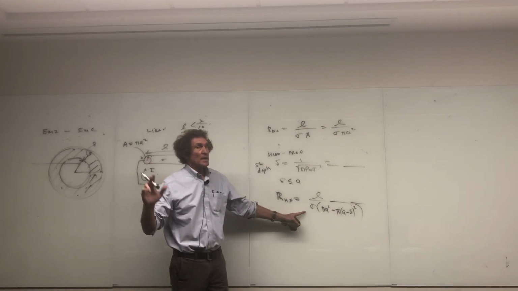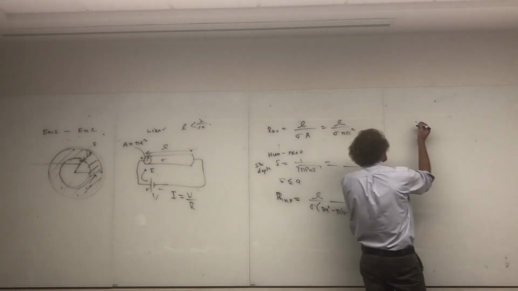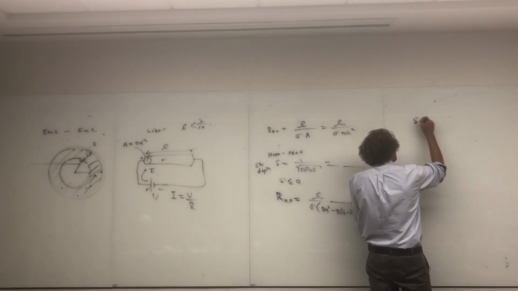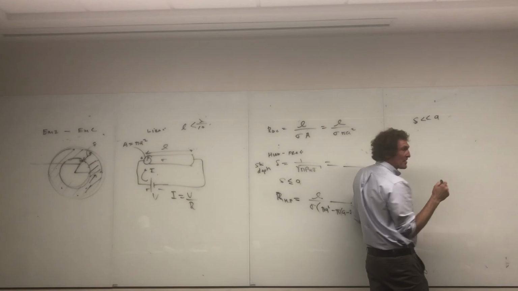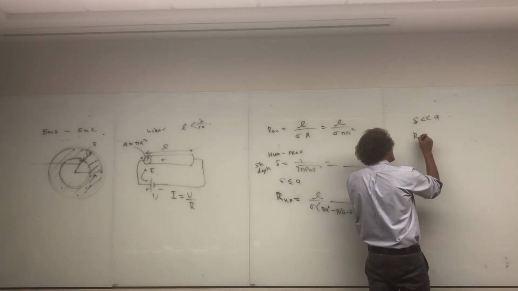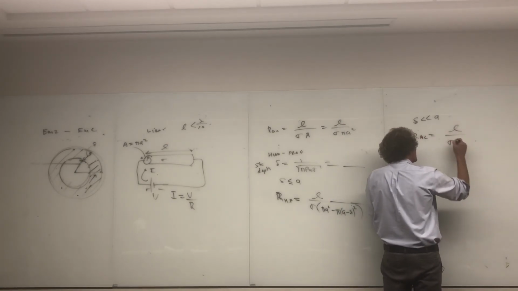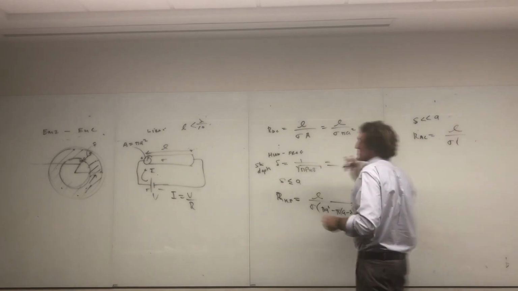Now, most of the time, if the skin depth is much, much less than a, say by a factor of 5, then you can say that R_AC, the high frequency resistance, is equal to the length of the wire over sigma times the area.